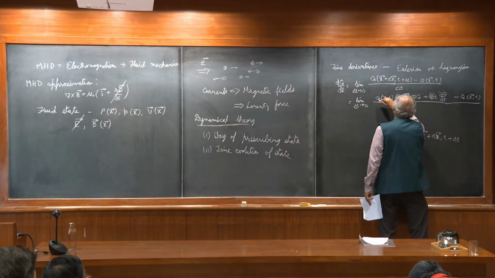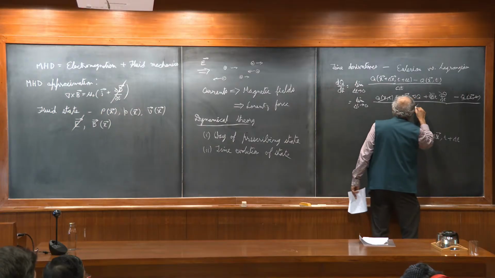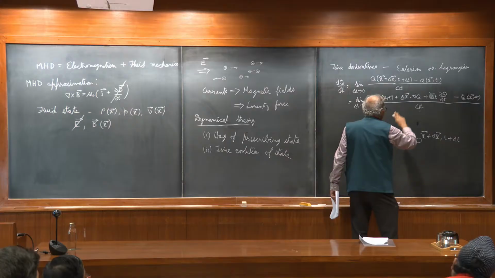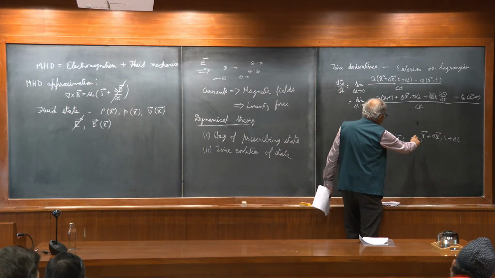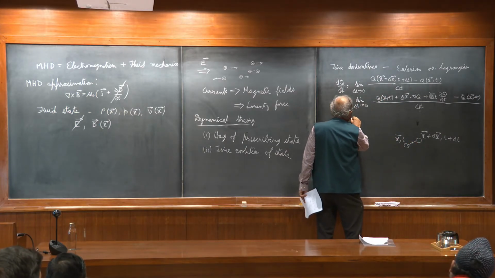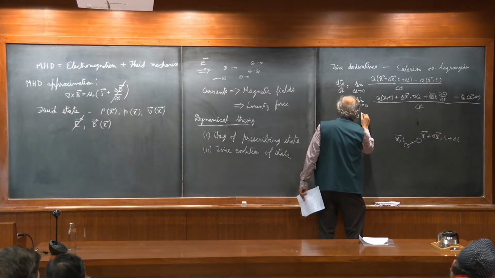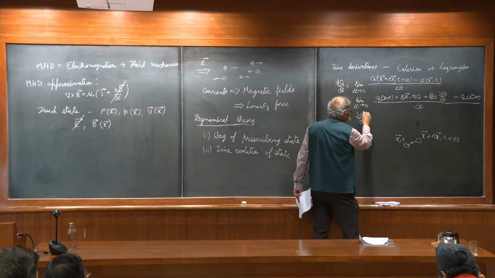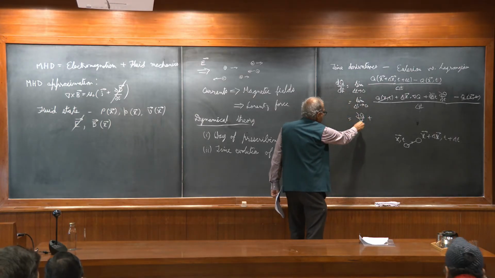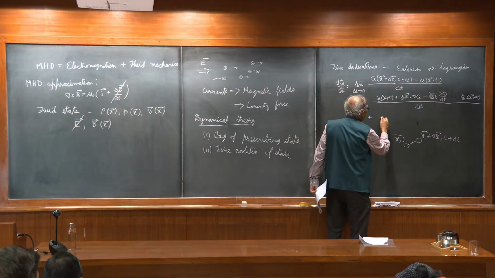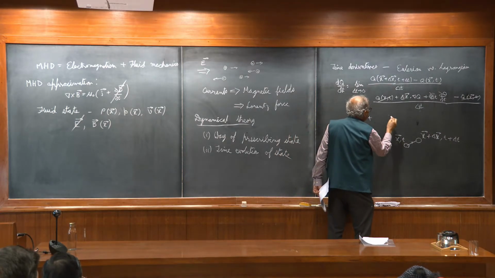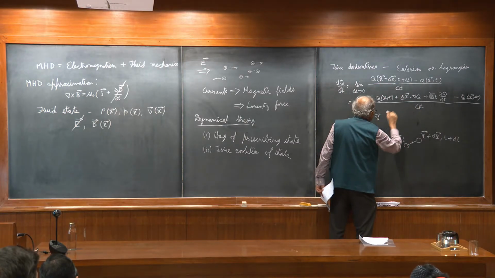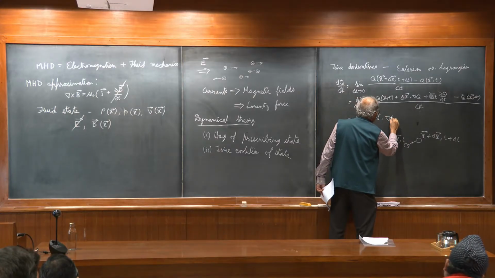You can see that this will cancel with that, and there is delta t at the bottom. So this delta t will cancel with that, and delta x by delta t is nothing but the fluid velocity v. So this is going to be equal to the Eulerian time derivative, which is usually denoted in this fashion, plus v dot grad q.